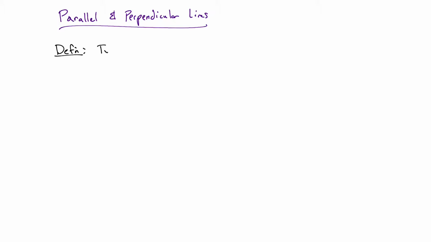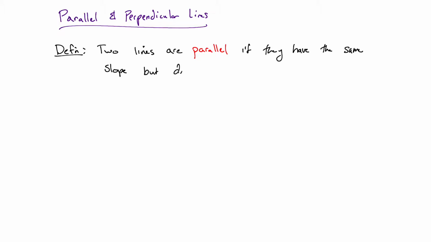Two lines are called parallel if they have the same slope, but different y-intercepts.